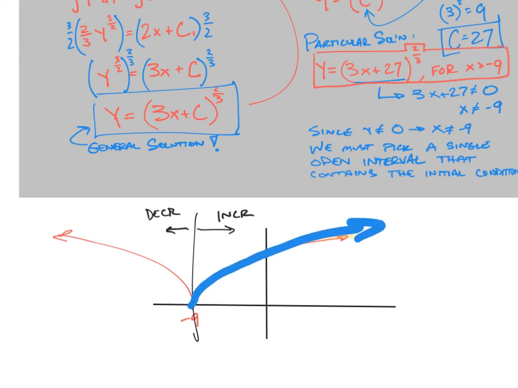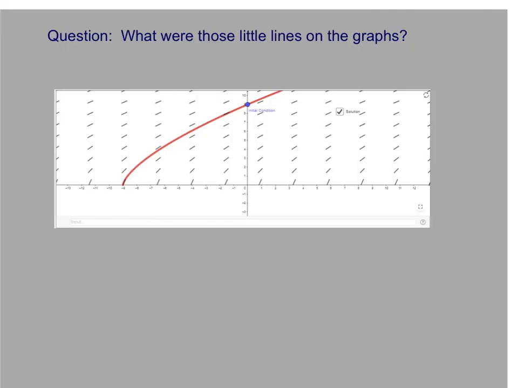All right, folks, one last thing I want to talk about here, and that's what the graph of this looked like in the differential equation discovery activity. This is what that graph looked like in that activity. And again, as we already talked about, we only see the part of this graph that's greater than -9. But what about all those little lines on the graph?